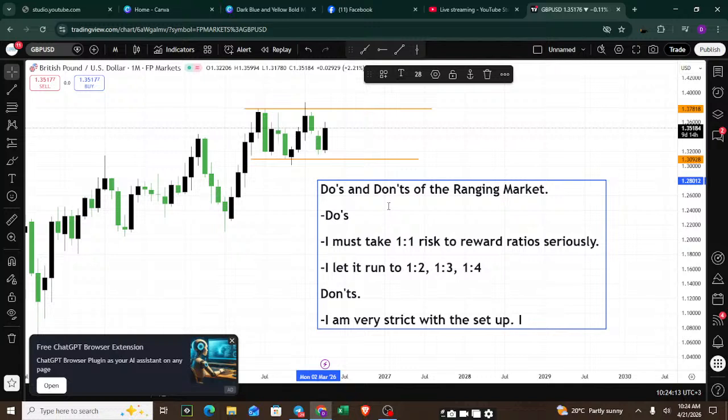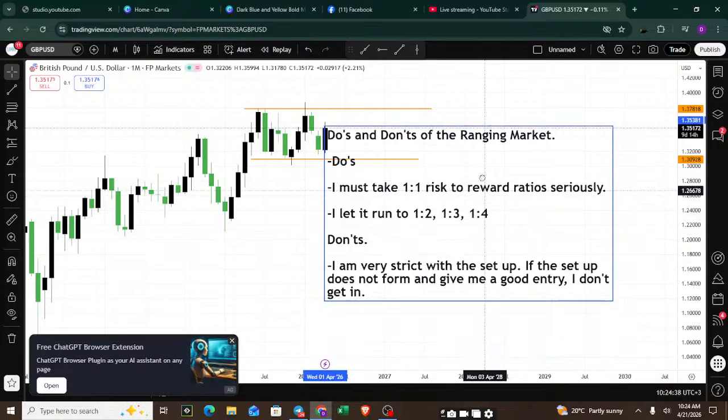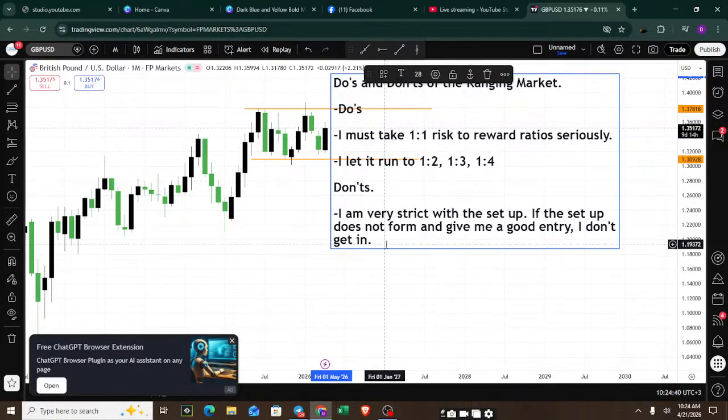If the setup does not form and give me a good entry, I don't get in. Because why would I get in? Answer me that question. Why would I get in? Yet I know the kind of market we are in. Why would I want to force a trade? Yet I know what kind of market we are operating.